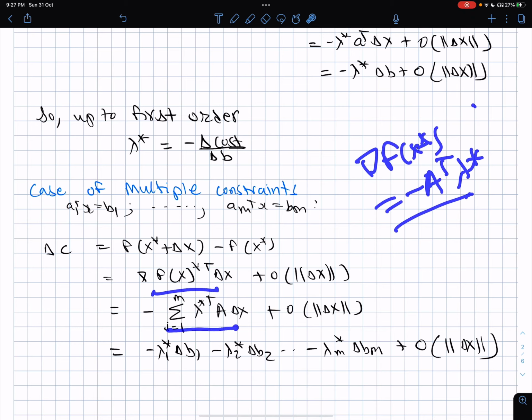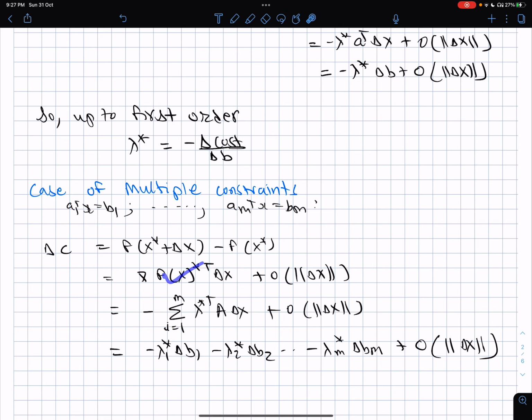So I get minus lambda star A transpose times delta x equal to 0. This should not be there because I am using matrix notation, so I will get something like this. And now A delta x can be substituted by the vector b1, delta b1, b2, to delta bm.